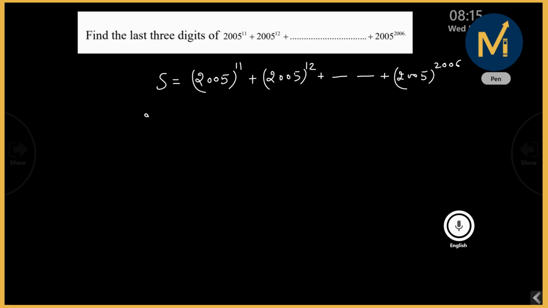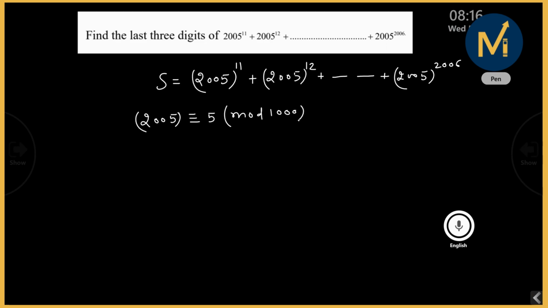We know that 2005 is congruent to 5 modulo 1000, right? So the modulo concept is clear. In this case, I am saying when 2005 minus 5, it gives you remainder 0 when divided by 1000. That's why 2005 when divided by 1000 leaves remainder 5.